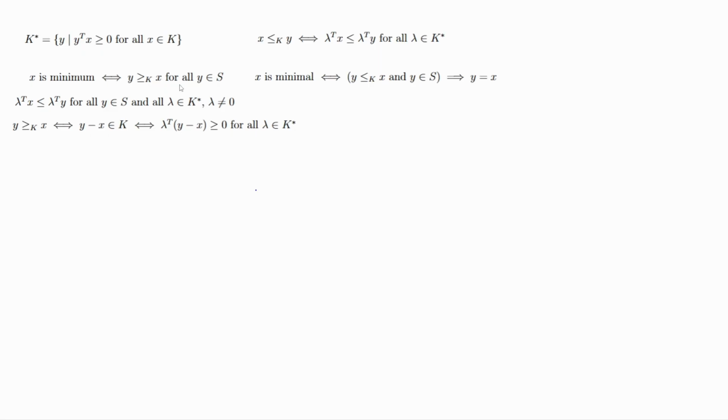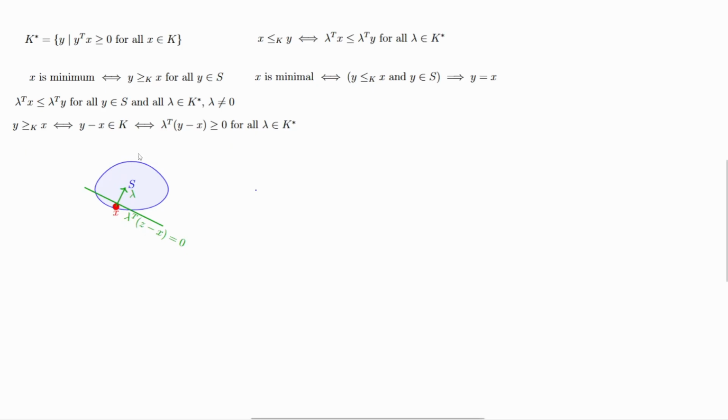So this also connects beautifully to supporting hyperplanes. So just bear with me. I know that the set S does not actually have a minimum, as we just discussed, but pretend that x really is the minimum. Okay, just bear with me here.